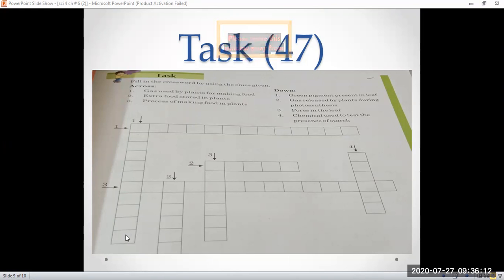From the across, the second one: extra food stored in the plant. So what is the extra food that is stored in the plant? Yes, Usman. फोटोसिंथेसिस के रिजल्ट में प्लांट एक ऑक्सीजन बनाता है तो दूसरी क्या चीज बनाता है?